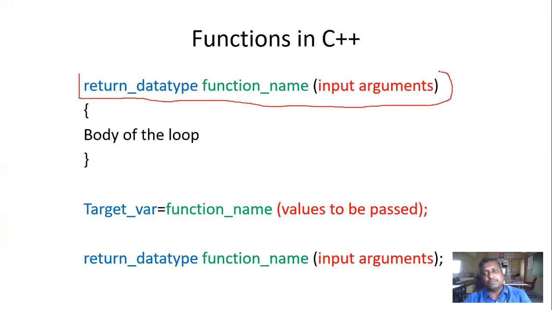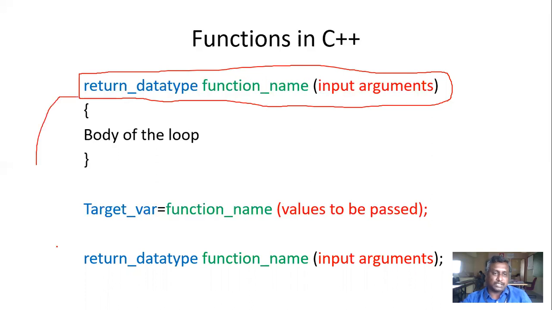The first line in a function declaration statement is going to be the function prototype. You can see that the same thing is written: return data type, function underscore name, input arguments, with a little modification in the way that we specify the input arguments, and we are going to terminate this with a semicolon.